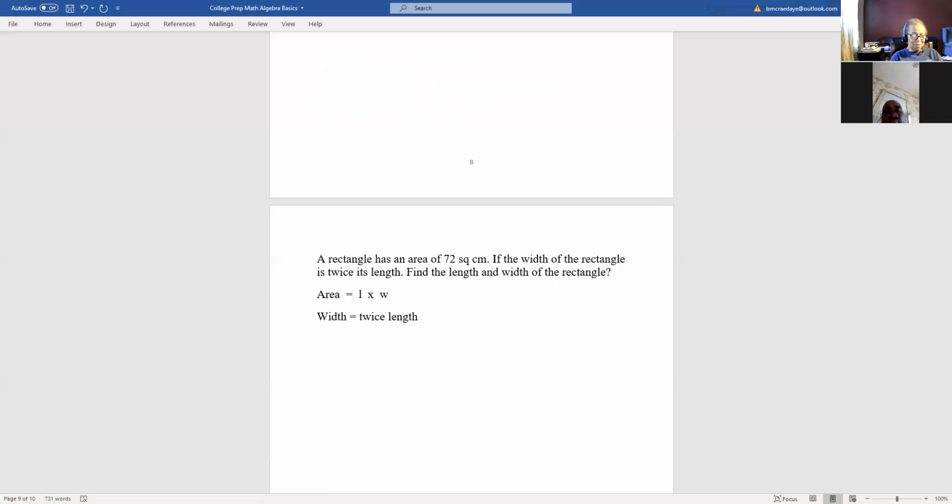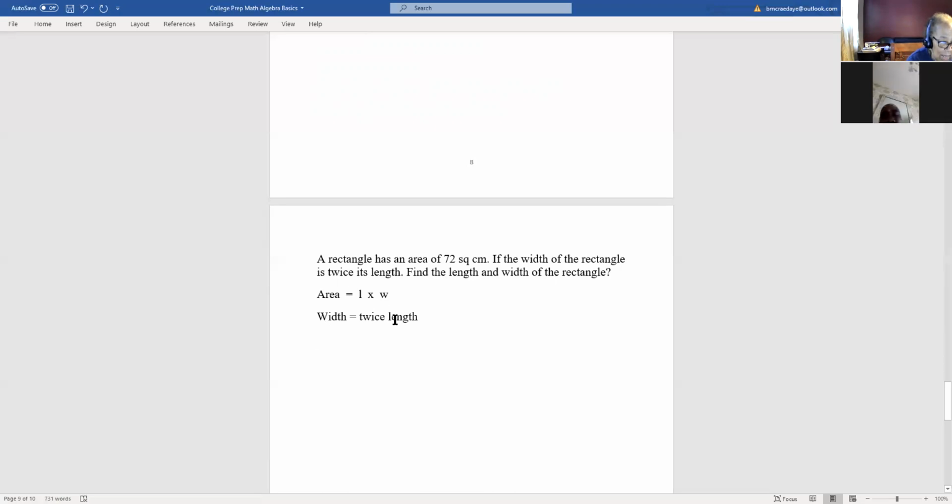If I let W be width and L be length, tell me what to write.